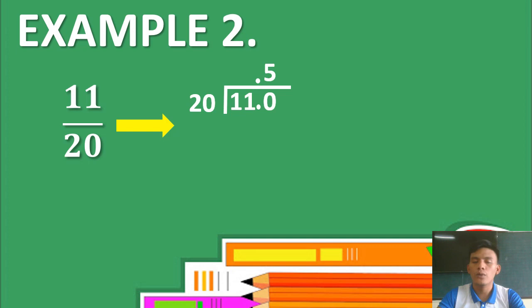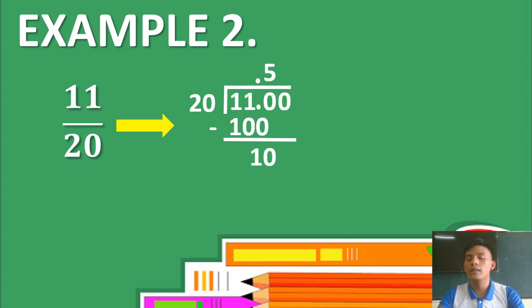110 divided by 20 is 5. 5 times 20 is 100. 110 minus 100 is 10. 10 divided by 20. As you can see, 10 is less than 20.